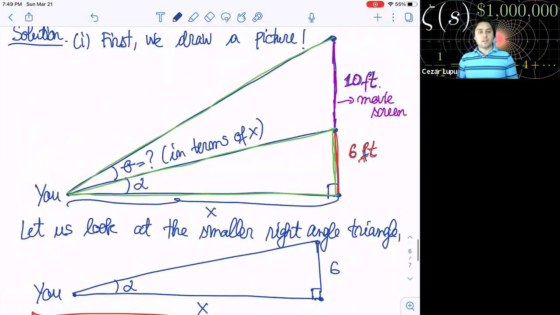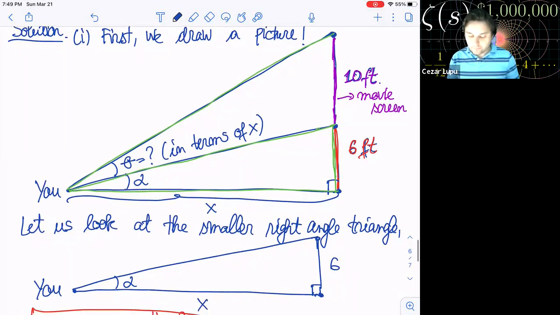We can express tangent of what? Be more specific. Tangent of who is 16 over x? Exactly. So what do we have?